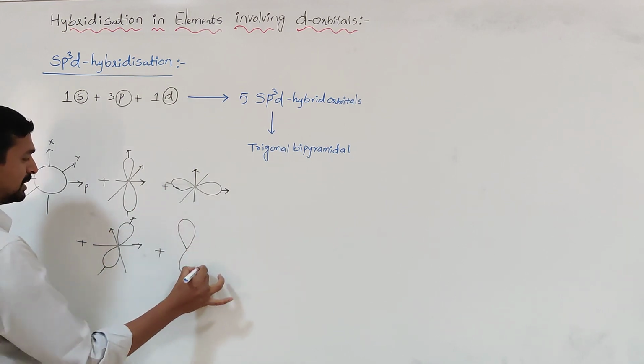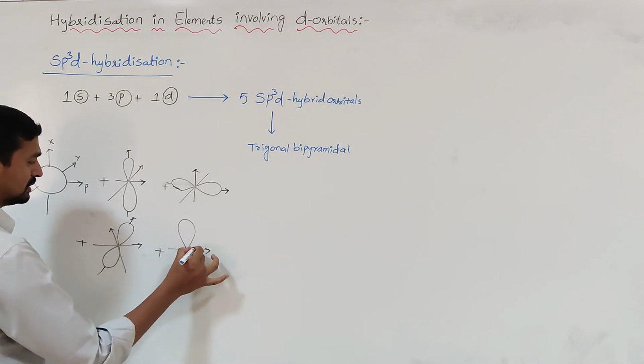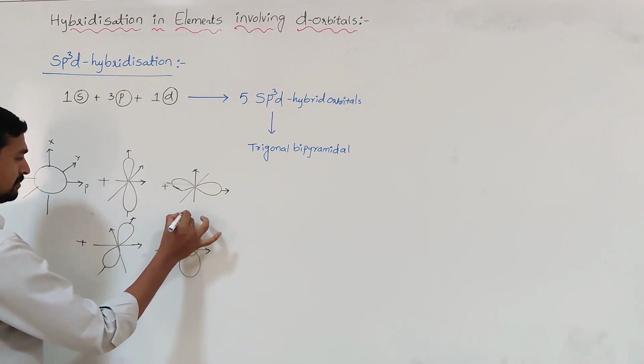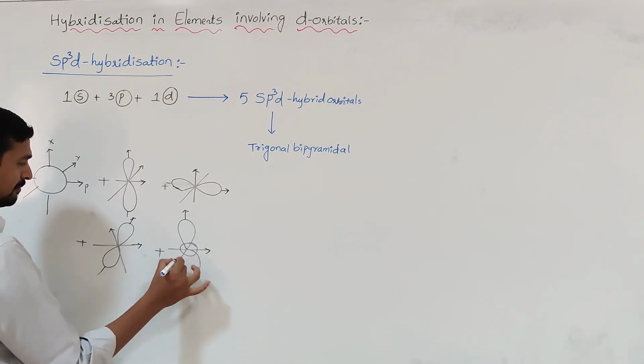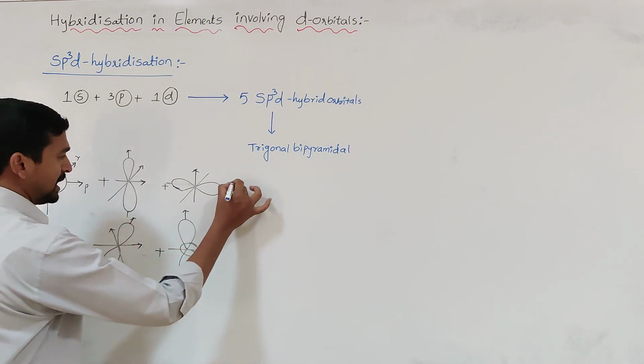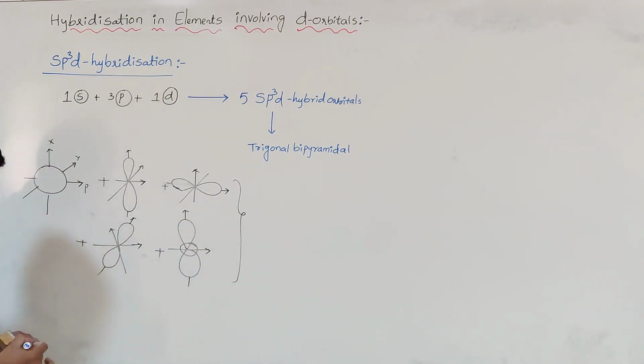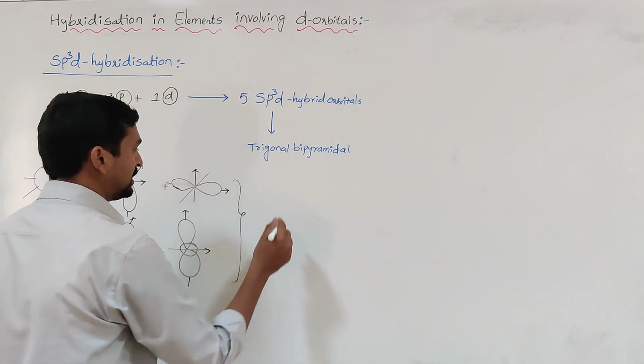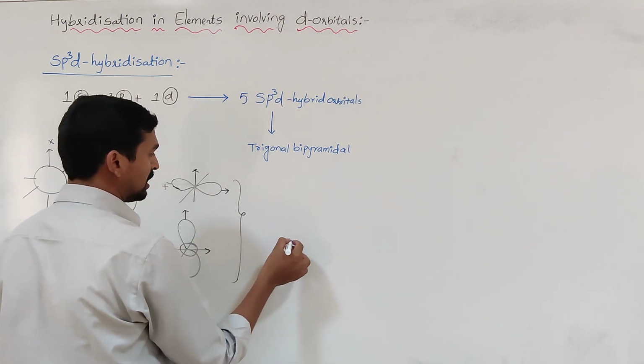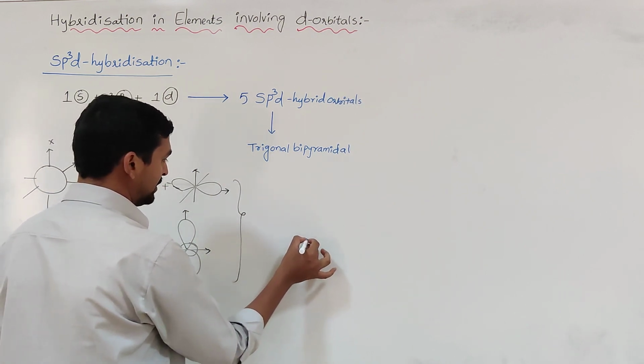Let us take any one of the d orbitals; say, it is easy to draw the dz square orbital. These are hybridized together to form 5 sp3d hybrid orbitals. They adopt which geometry? Trigonal bipyramidal geometry.